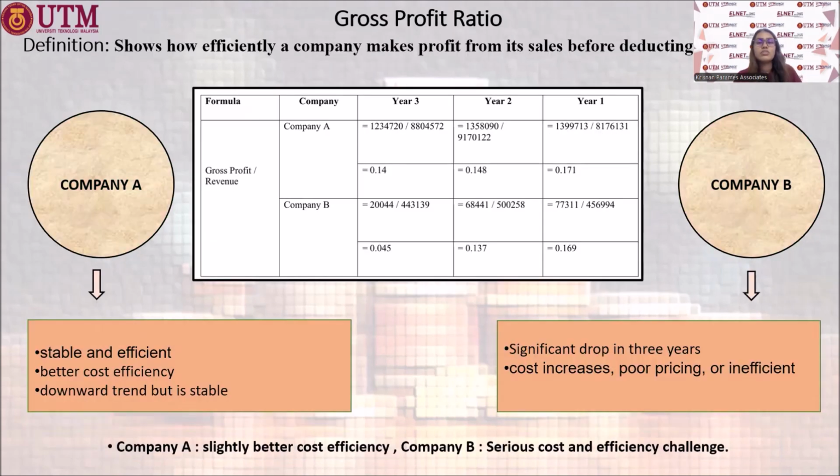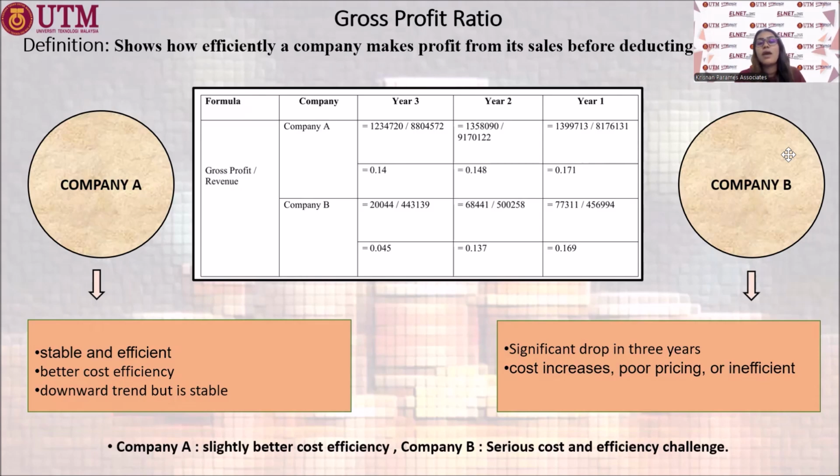Now, let's look at the gross profit ratio. The gross profit ratio means how efficiently a company makes profit from its sales before deducting other expenses. In company A, it is stable and effective, with better cost efficiency, though there is a downward trend from 0.171 to 0.14.